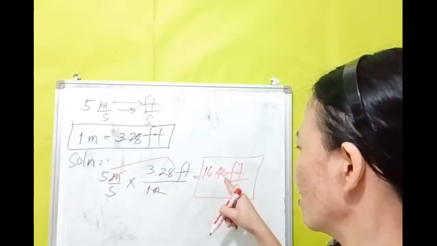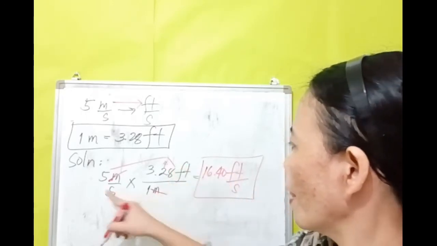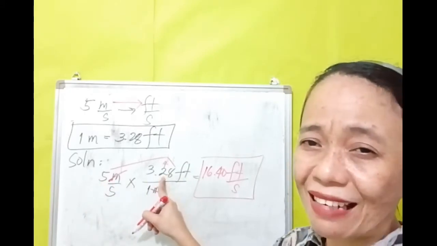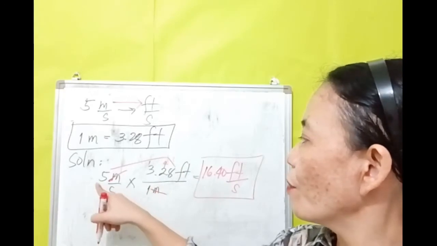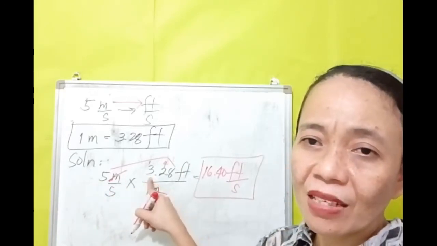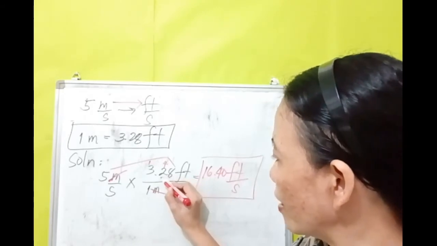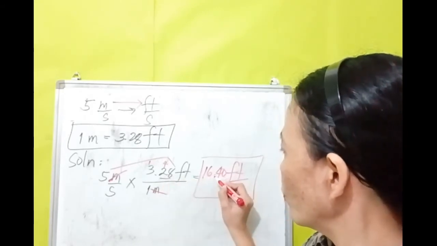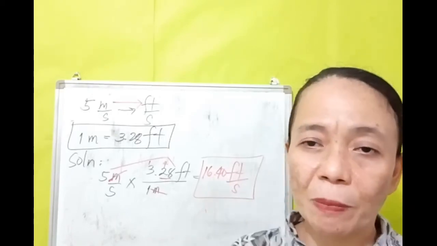So 0, carry 4. 5 times 2 is 10, plus 4, 14, carry 1. 5 times 3, 15, plus 1, 16. So there are 2 decimal places here. So 1, 2. So we have 16.40 feet per second.